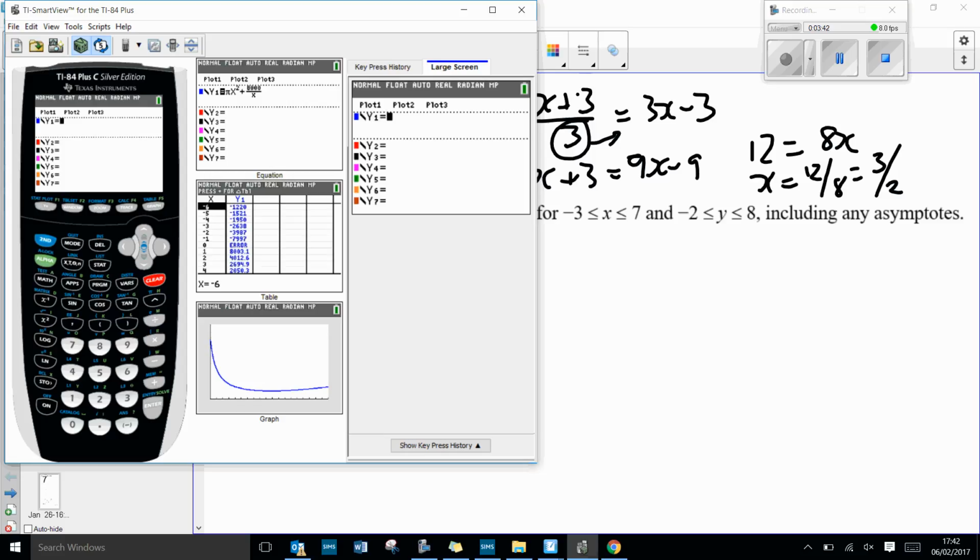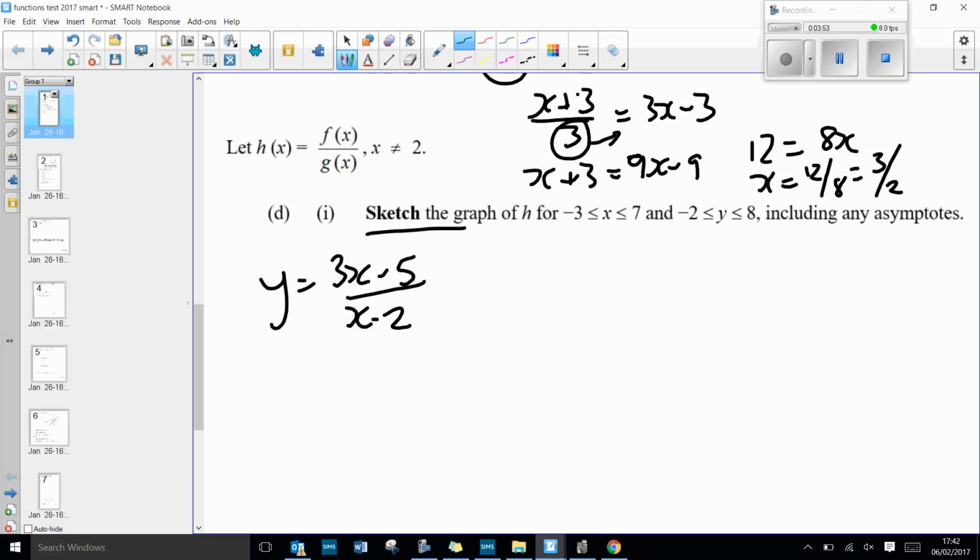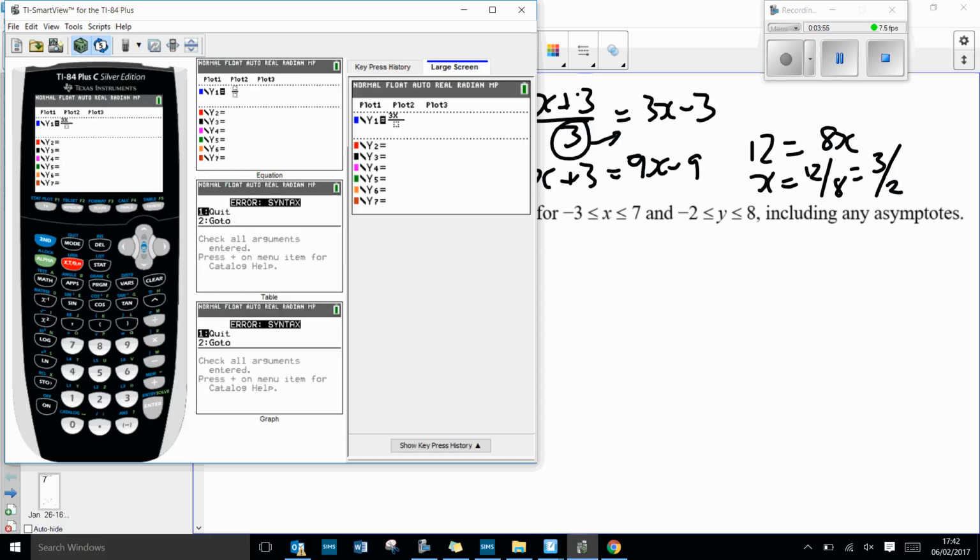And I'm going to enter it as a fraction, which is a little bit easier. So it's 3x, I forget, 3x minus 5 over x minus 3. Oh, x minus 2.